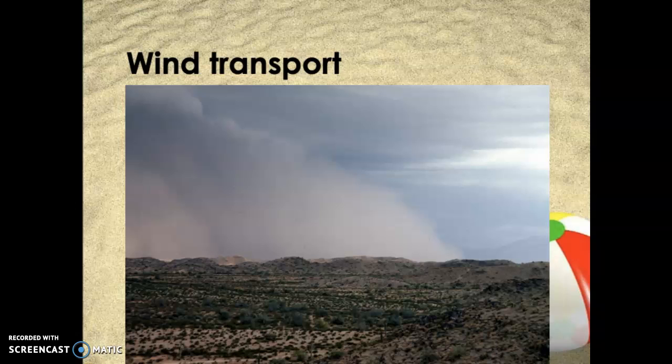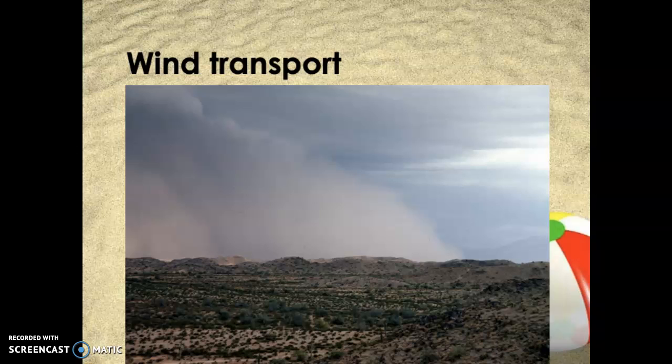This shows a dust storm, also known as a haboob, I think this is in the southwest United States, but it could be really in many of the dry climates on the planet. You see these giant dust storms blowing up. This dust can be moved around the planet.